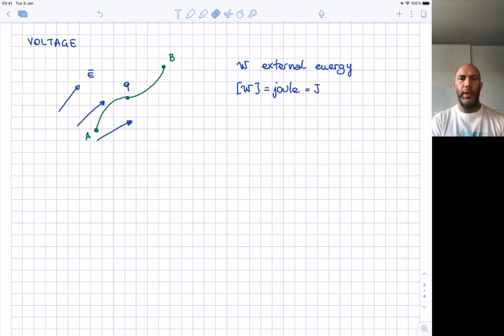We call the energy necessary to move the charge from A to B W_AB.